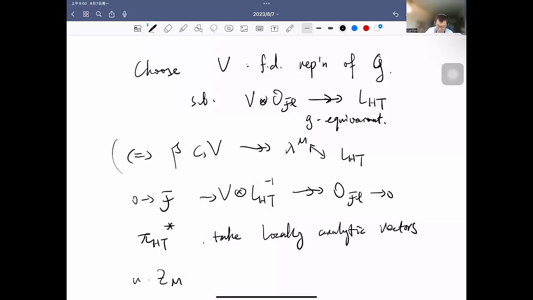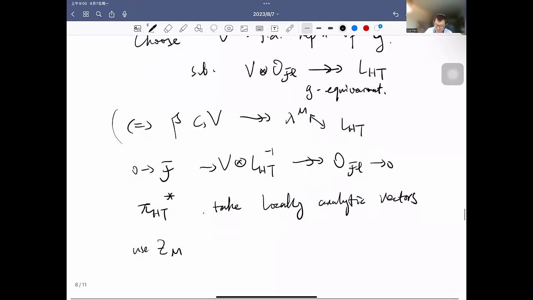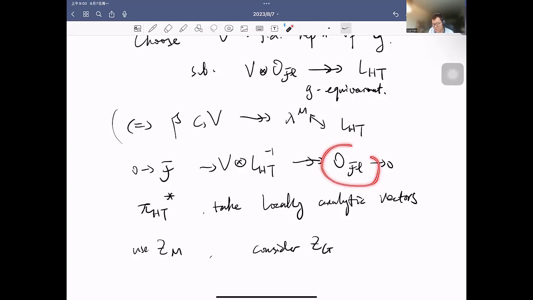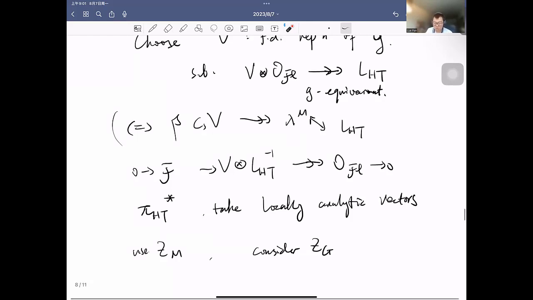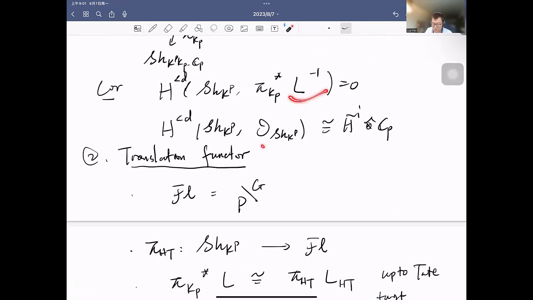So in some sense, you fix some lambda isotypic component on the level of sheaves, and then you consider the infinitesimal action of G. Because the infinitesimal character of this one will be different from this one, we will get a splitting of this sequence in the derived category of sheaves of abelian groups, not as vector bundles, because they have different infinitesimal characters. And that's how we pass from the vanishing result for L inverse to the structure sheaf.